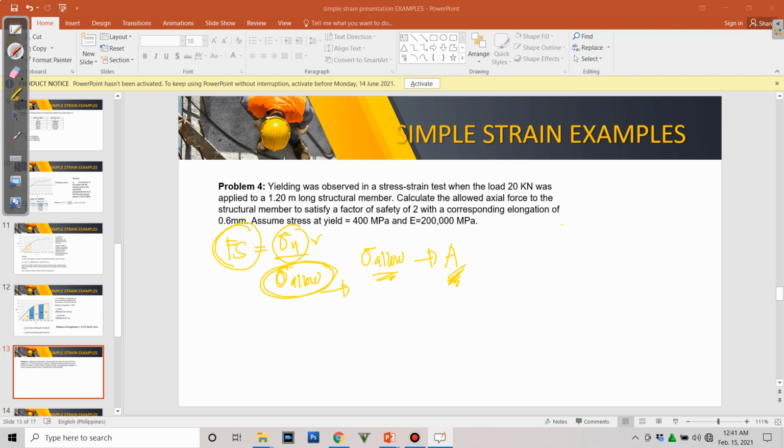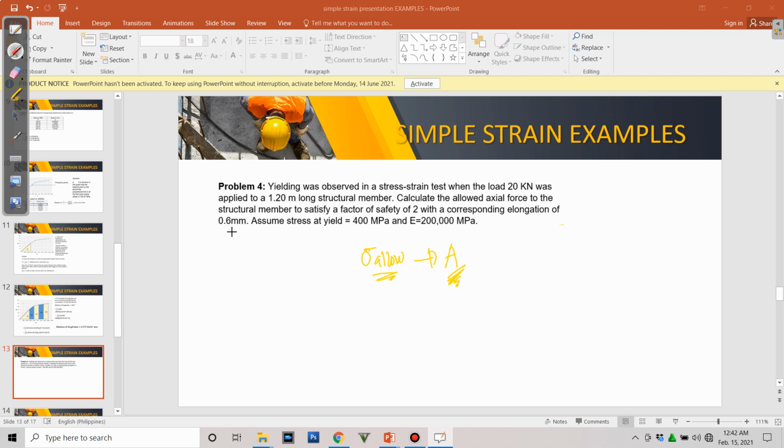Considering that we have a factor of safety, we are designing before failure occurs, so our area here should be conservative before failure. That is the sequence of our solution.